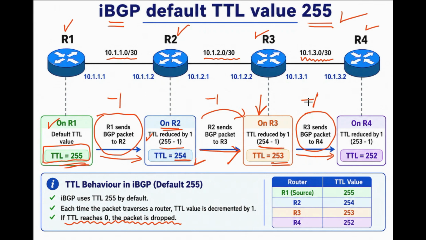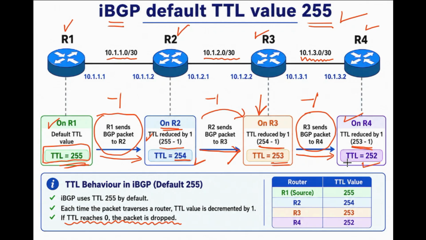Finally, the packet reaches R4. Again, the router performs layer 3 forwarding. The TTL value decreases one more time. So 253 minus 1 is equal to 252. So on R4, the packet now has a TTL value of 252.